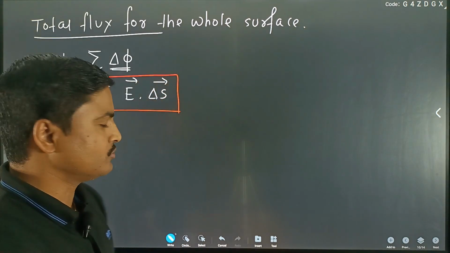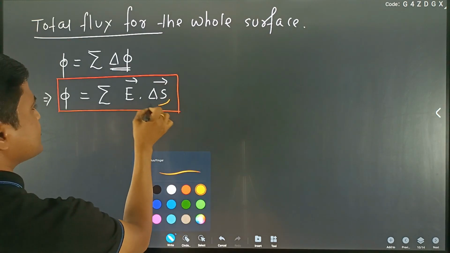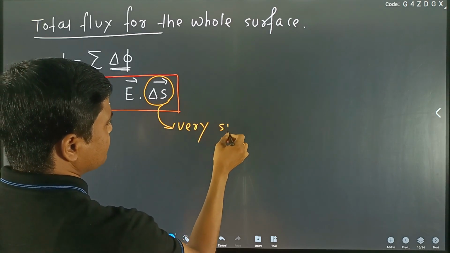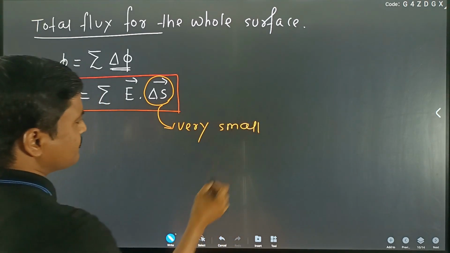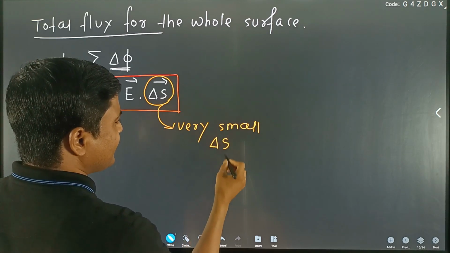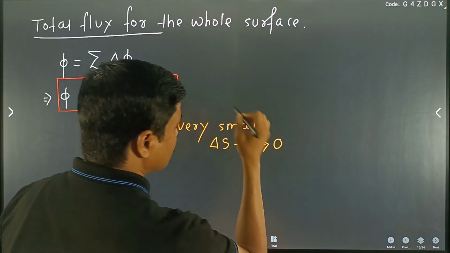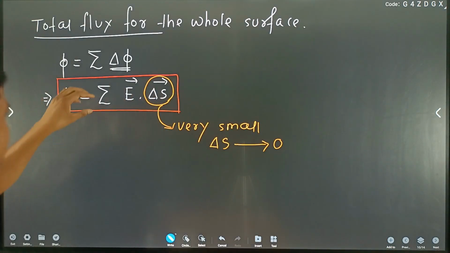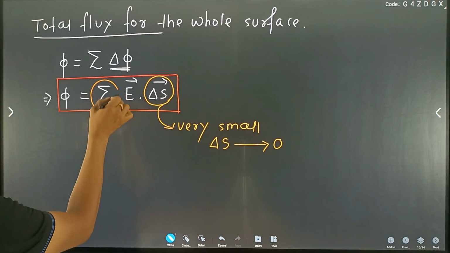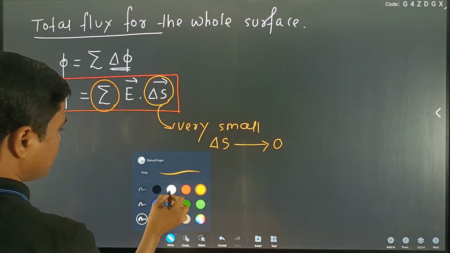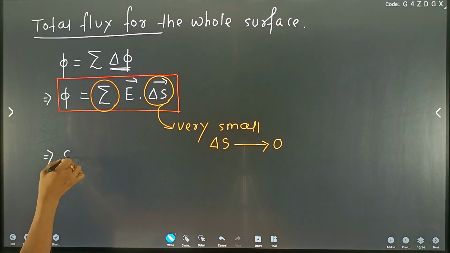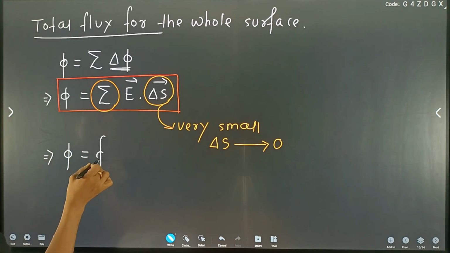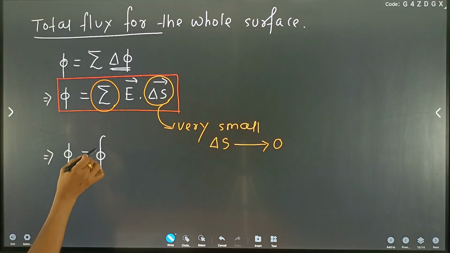Clear? And suppose this small area element is very small, tends to 0. If the small area tends to 0, then in place of this sum we put an integral. That means the final expression of total flux is equal to the integration, and this circle denotes a closed surface.